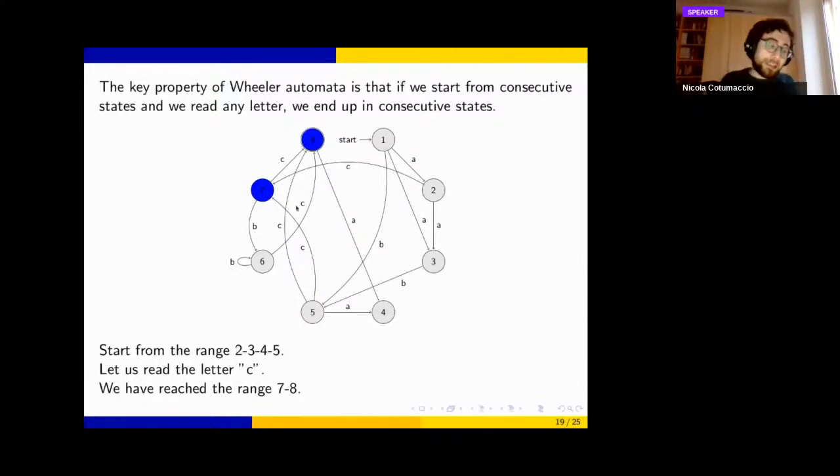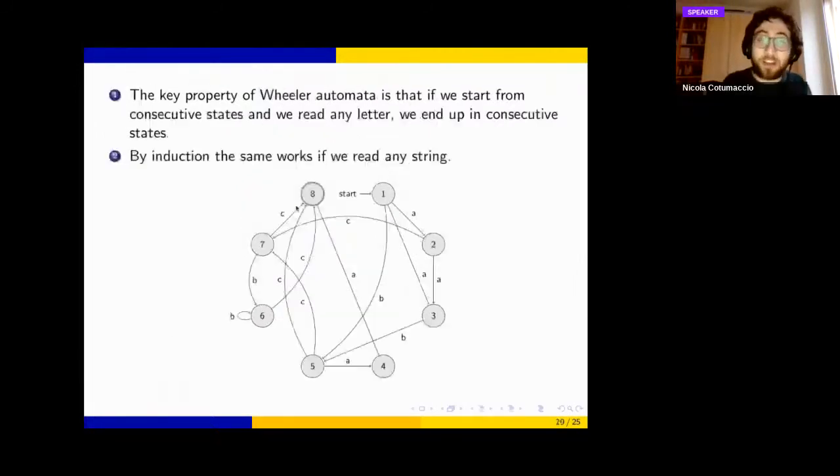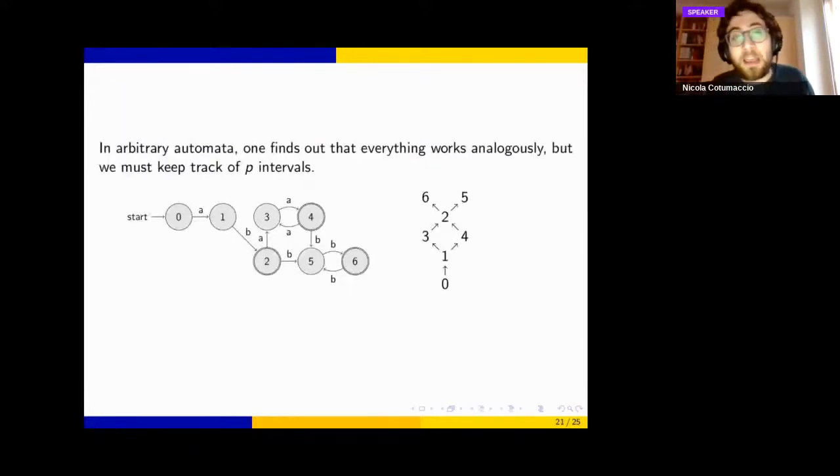So this means that by induction, in general, if I start from an interval and I read a letter, then I end up in an interval. Then if I read another letter, I still end up in an interval, and so on. So if I read a string in general, then if I start from an interval, I end up in an interval.